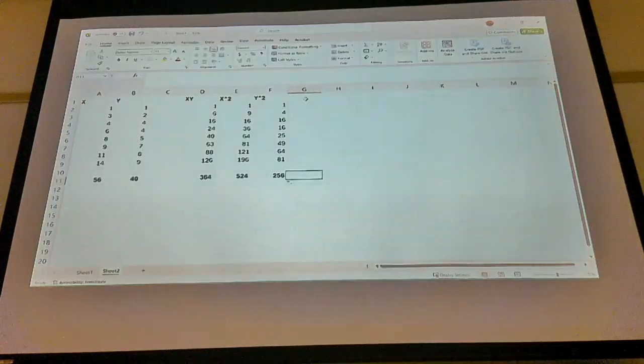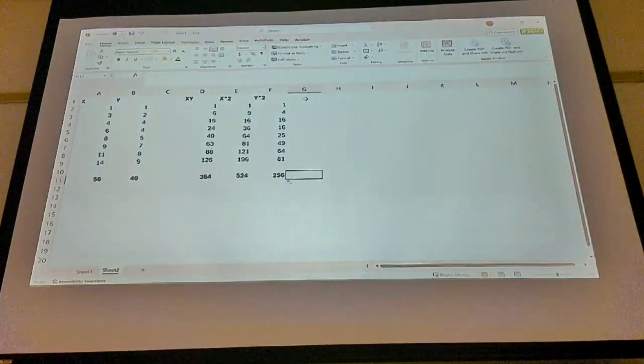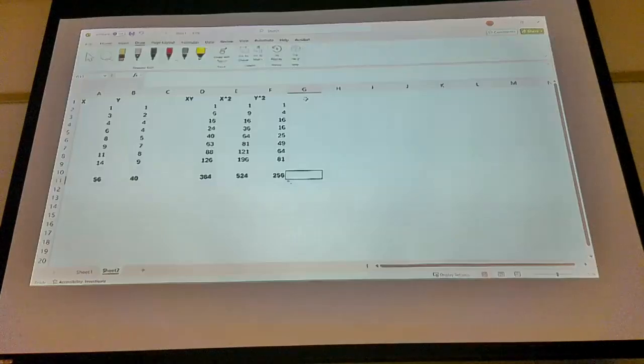What I'll most likely do is give you this chart and then you just have to plug the appropriate values into the formula itself. So you're not going to have to actually find the sum of all your x squares. I'll provide that for you. And that is all we need.